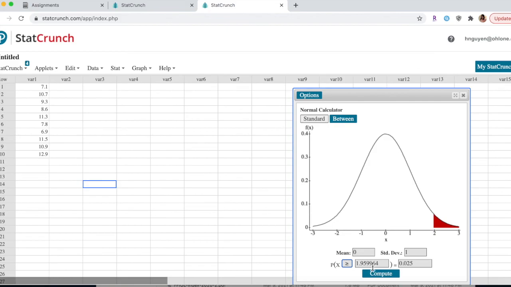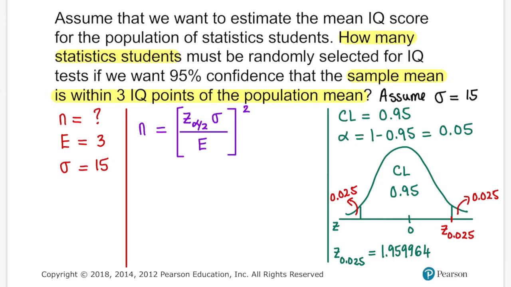And this is my z-score. I got 1.959964. I am rounding the z-score to 2 decimal places, so that is 1.96. And I can substitute 1.96 in here.